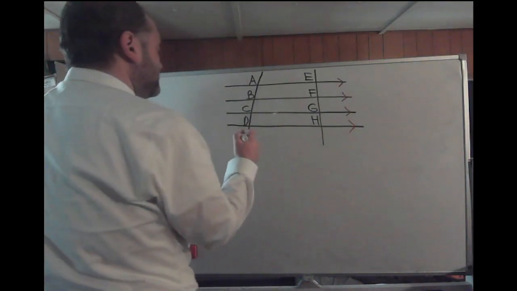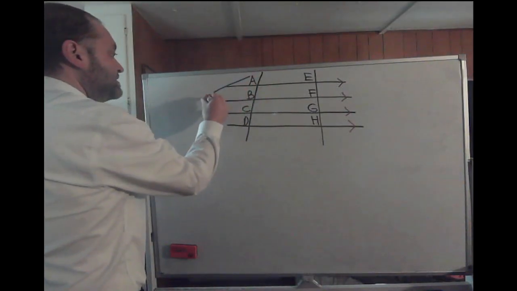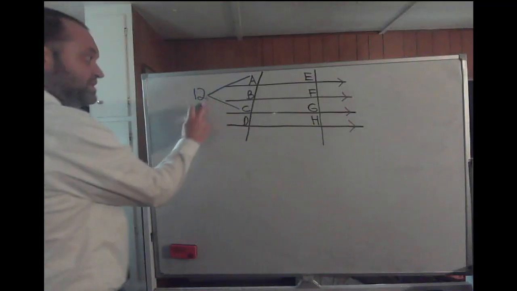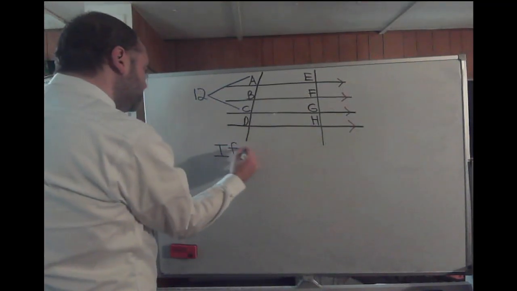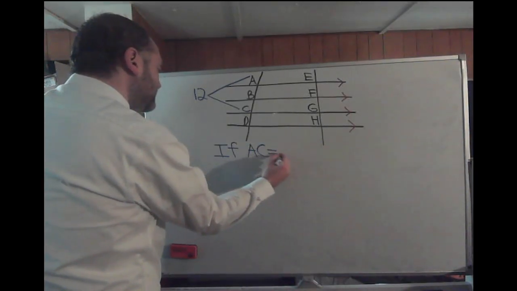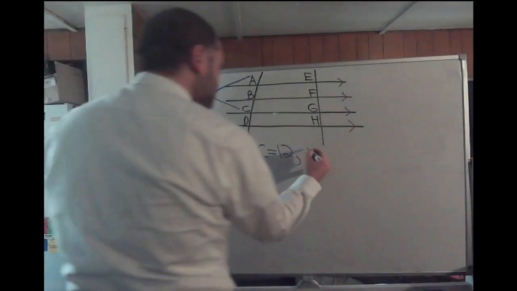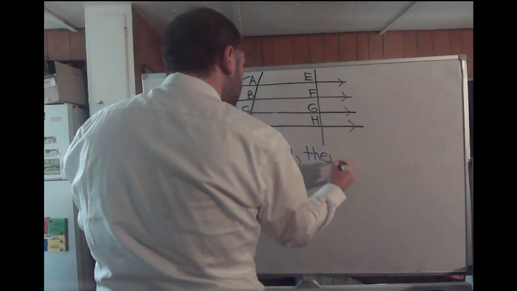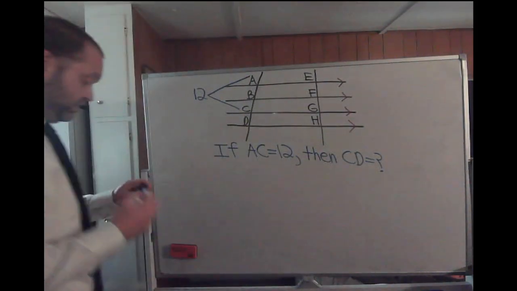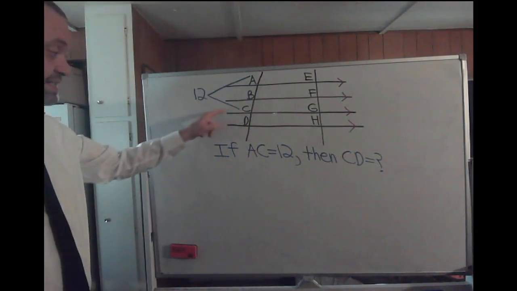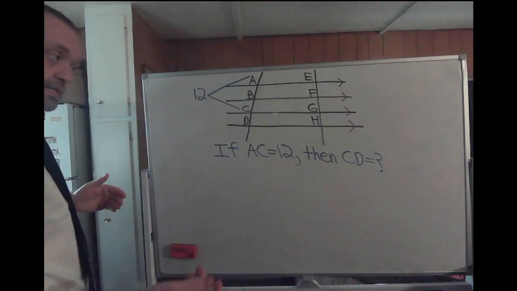If AC, the whole AC, is 12 this time, then CD equals what? So we have that the whole segment AC equals 12, then CD equals what?